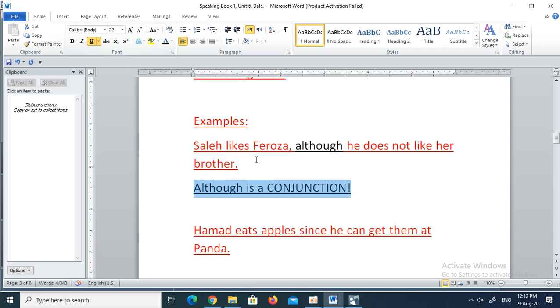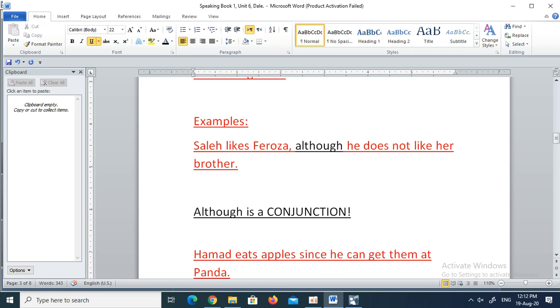Now, remember what I said, a conjunction is a joining word.